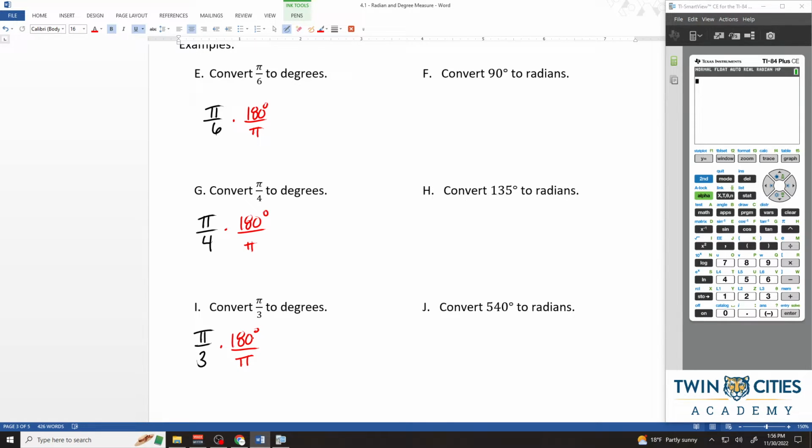What's going to end up happening is I've got a pi on top and a pi on the bottom. These are going to divide each other out. And what I'm left with is 180 degrees over 6. On my calculator, I can just put in 180 divided by 6. This is 30 degrees.